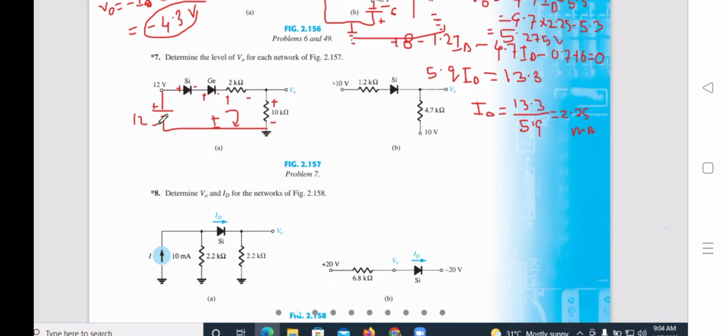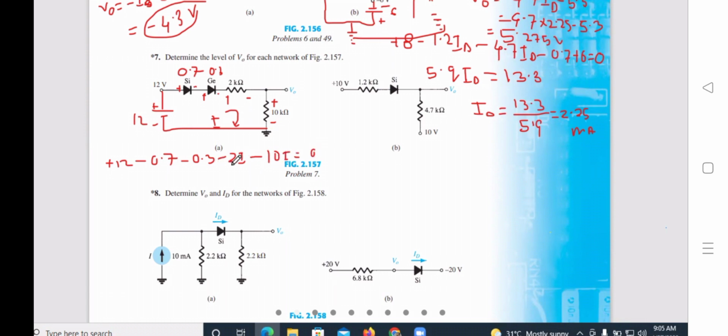If we apply KVL in this loop, minus 12 plus 12, here it is 0.7, germanium 0.3, plus 2 minus minus 0.7, plus 2 minus minus 0.3, plus 2 minus minus 2 into I, plus 2 minus minus 10 into I equals to 0.